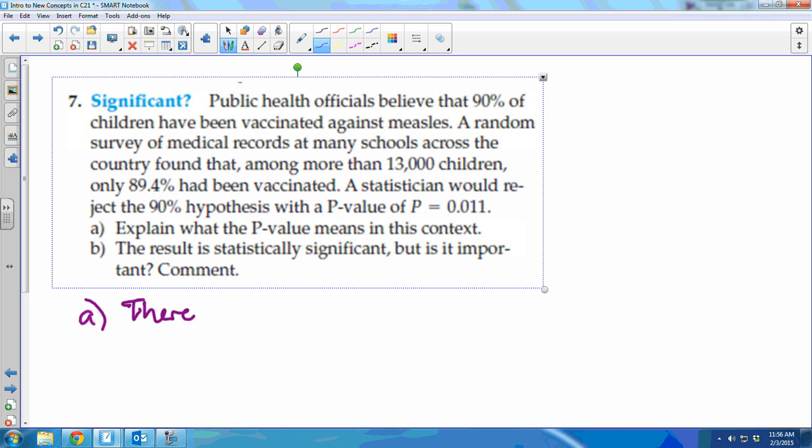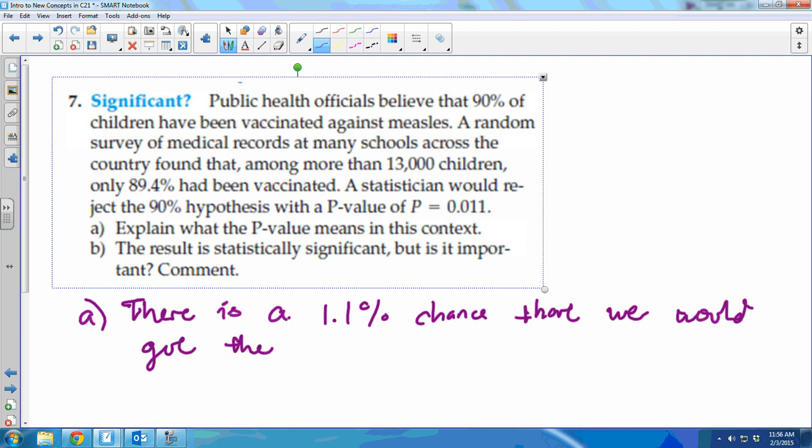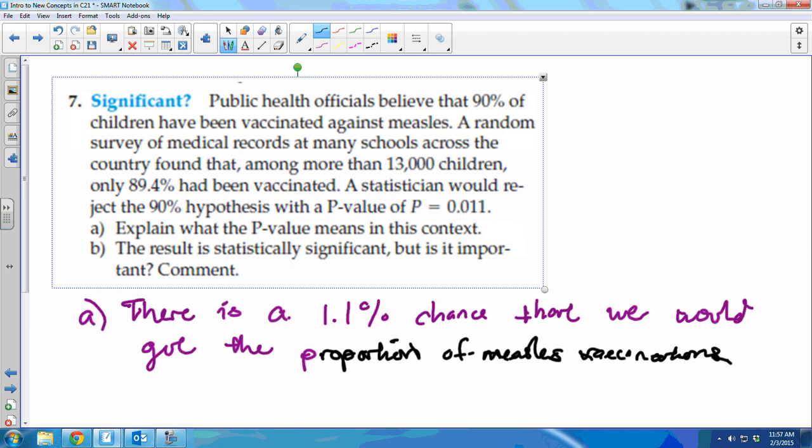There is a, what was that, 1.1% chance that we would get the proportion of measles vaccinations, I'm saying this out loud, it doesn't look like anything I'm saying, in our sample, given the null hypothesis is true.